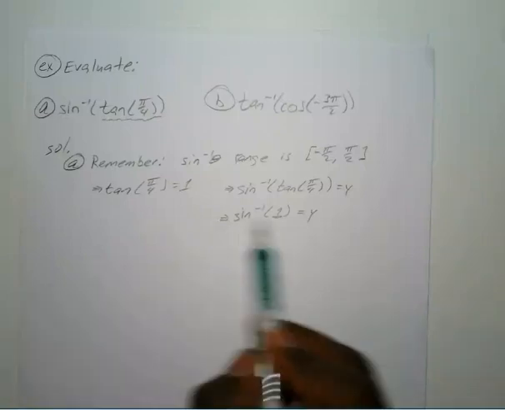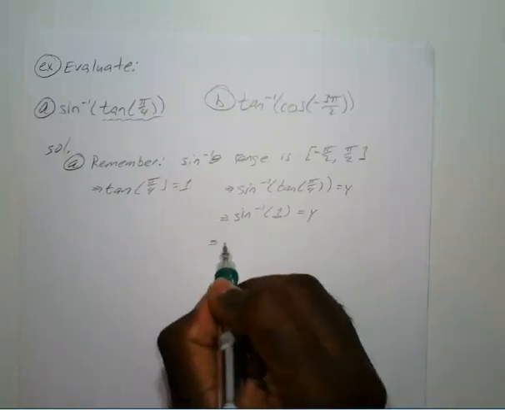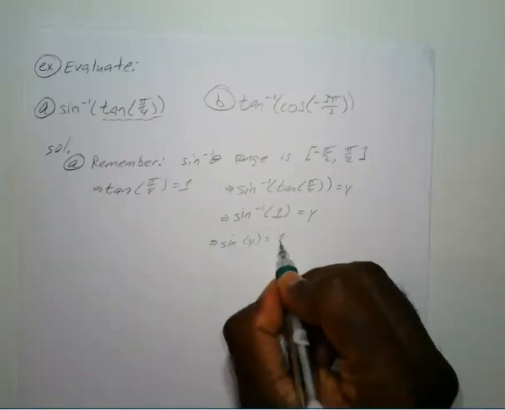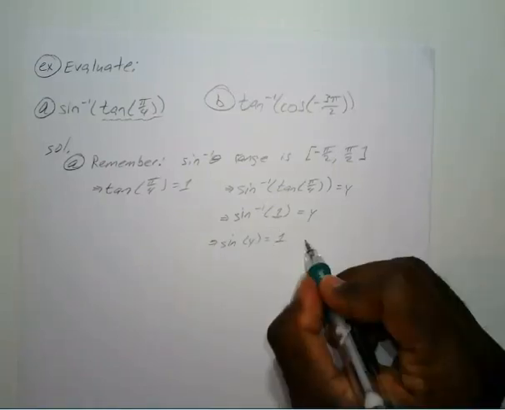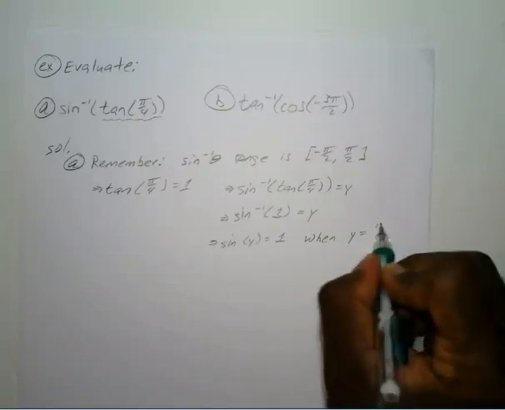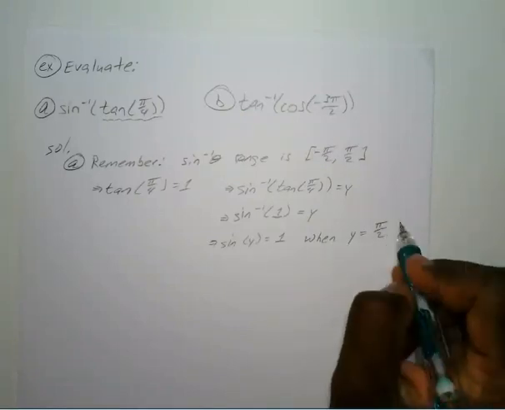Again, we apply sine to both sides, so it gives us sine of y is equal to 1. And that's when y is equal to pi over 2.